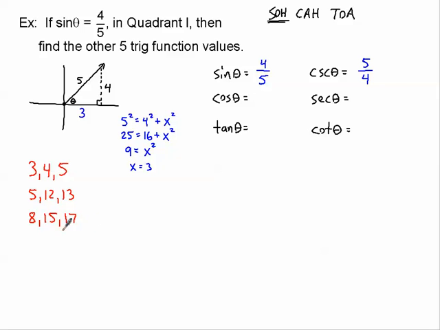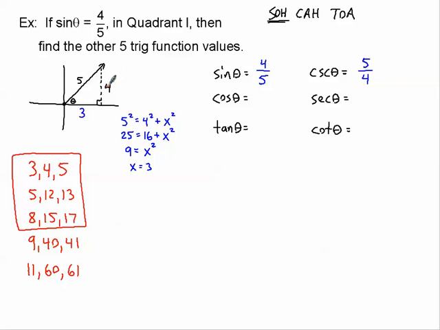Obviously the numbers are getting bigger, but 8 squared plus 15 squared will equal 17 squared. I believe 9, 40, 41 is one that I've remembered, and 11, 60, 61. I don't tend to use those so much because those are bigger numbers, but these are my 3 main ones. If you want to memorize those Pythagorean triples, it might save you some time so you don't have to use the Pythagorean theorem every single time.